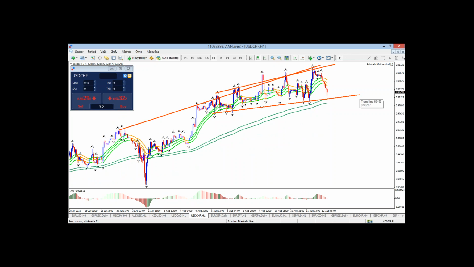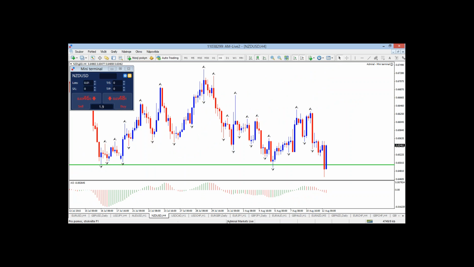Well, interesting pattern, but not really tradable, maybe, better said. Getting close to support, not that appealing to trade, I think. No. So let me see if I missed anything. The Aussie and Kiwi are not interesting as well, at this moment at least, unless maybe the downtrend continues at one point.